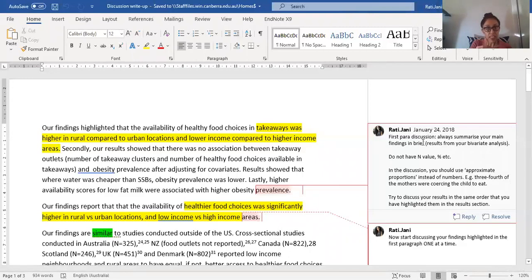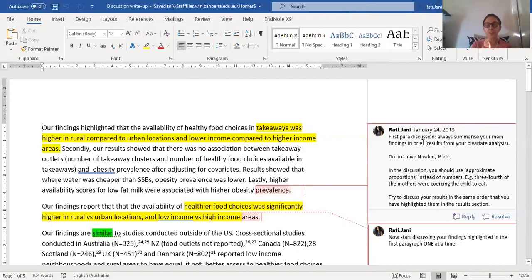Your main findings are the bivariate analysis which you are doing in SPSS using paired sample t-test. The findings which you have obtained out of your pre-post intervention are called your main findings. Okay, so that is what you'll be summarizing as part of your first paragraph of your discussion section.